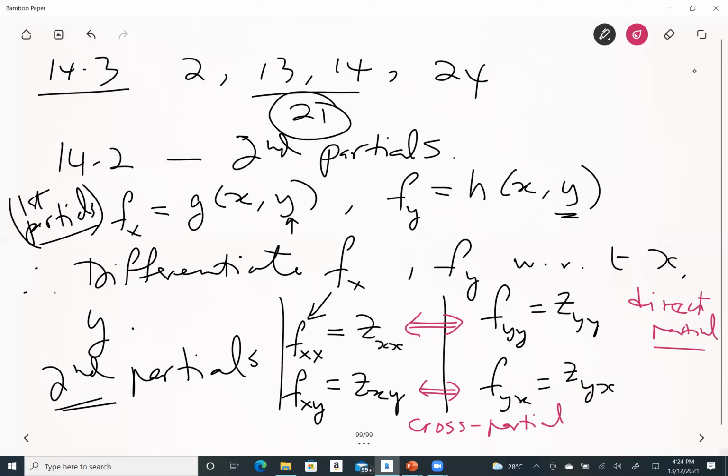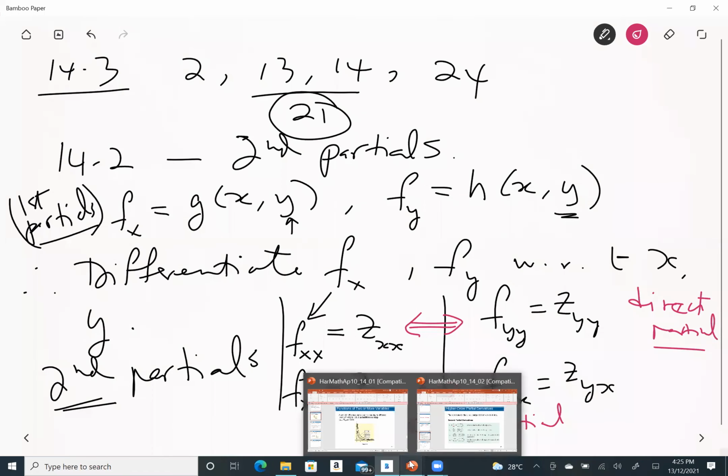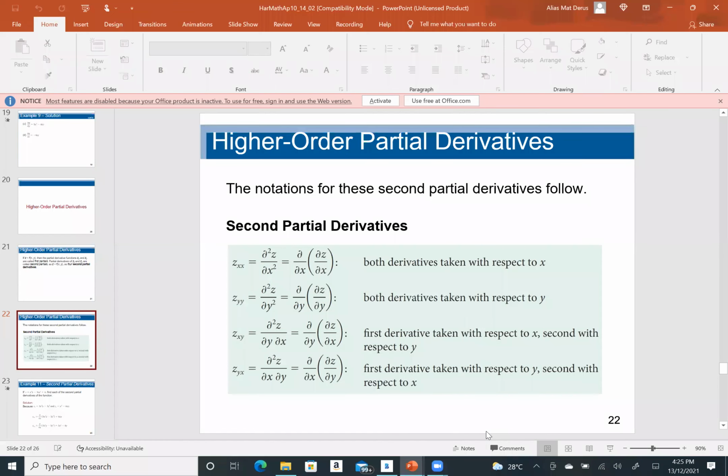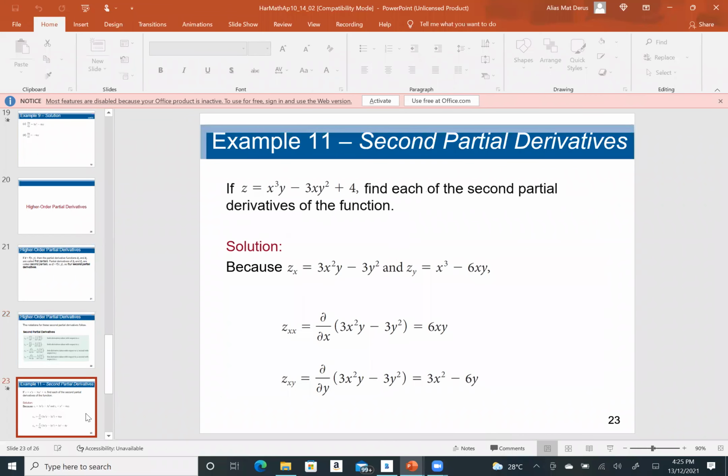All right. So let's consider an example. I think first we start with the example in the book. If you look at the book, I have this example here. You have x cubed y minus 3xy plus 4.